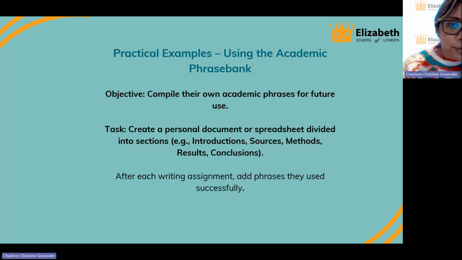Now, I would like to recommend you creating a personal document, okay? But if you get overwhelmed by using your introduction, referring to sources, describing methods, if that's too much for you to get started with, don't do all the sections, okay? If it's going to overwhelm you, just pause with that. Stop with your introductions, and then I would say conclusions.